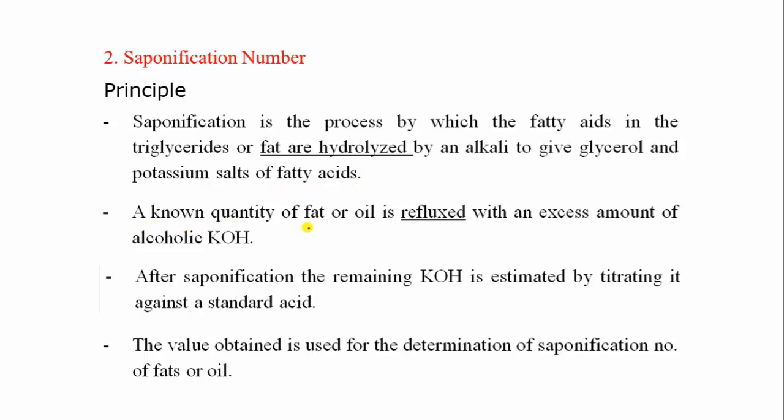A known quantity of fat or oil is refluxed with an excess amount of alcoholic KOH. After saponification, the remaining KOH is estimated by titrating it against the standard acid. The value obtained is used for the determination of the saponification number of fats or oils.